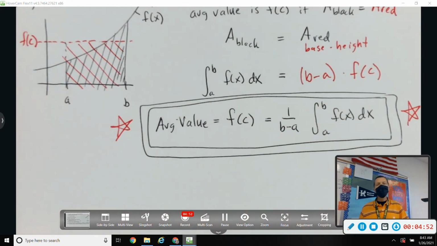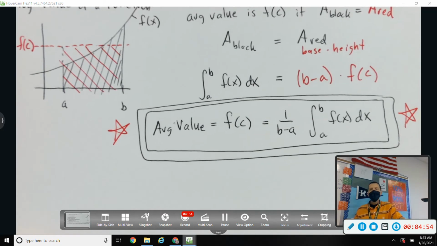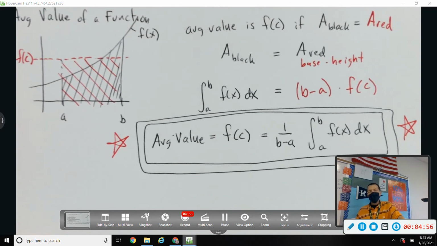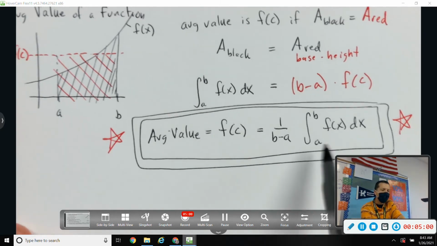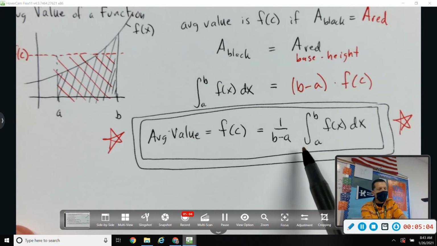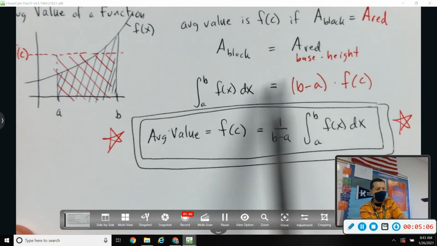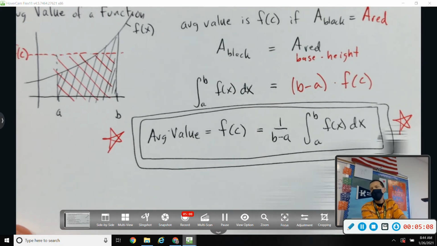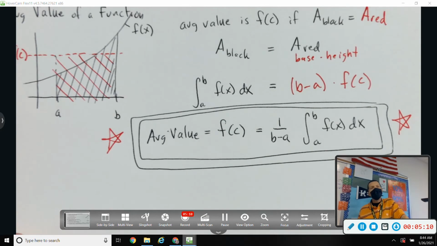You've got to know that, average value. So I tried to derive it to show where it comes from because that will help some people remember it. It's the total area divided by the width. Other people will forget about the picture and the derivation and just remember the formula, and I guess that's okay too. But I like knowing where the formula comes from.